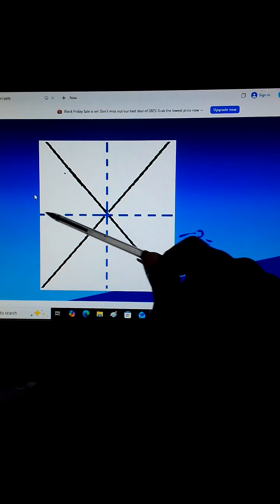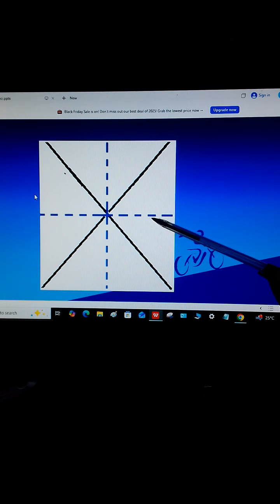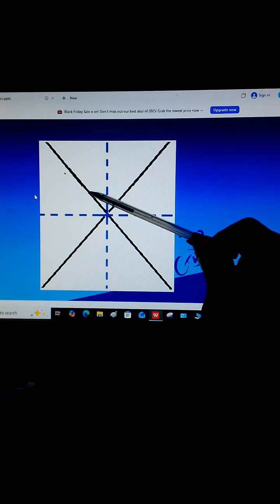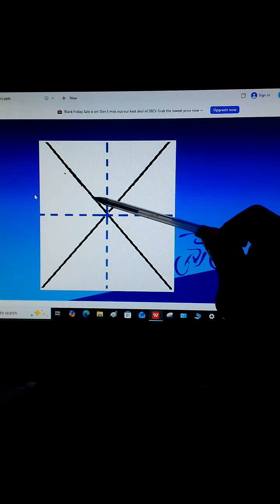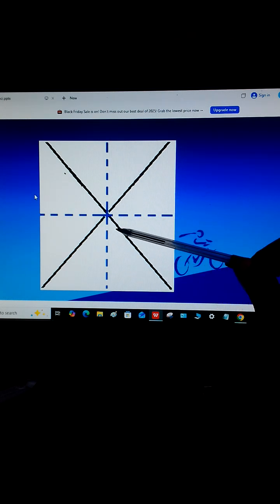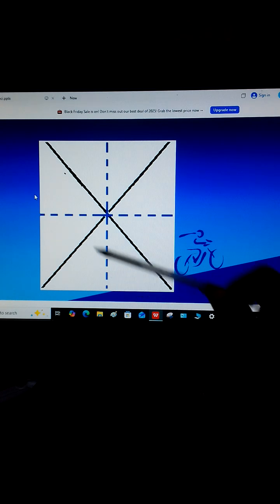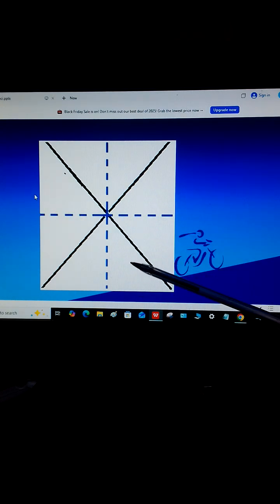For example, this line bisects this angle and this angle. This line bisects this angle and this angle, and the two lines are perpendicular to one another. So it is the locus of those points which are equidistant from the two intersecting lines.